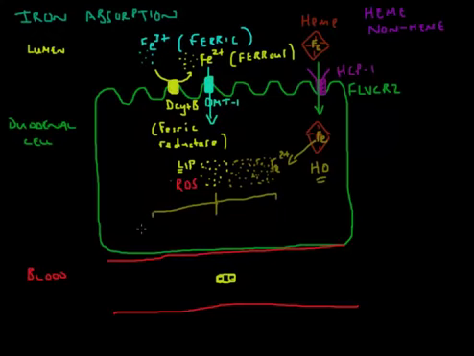First thing that can happen is it can be stored. And for storage, we've got this molecule called ferritin. Ferritin can store about 4,500 of these iron atoms. 4,500.